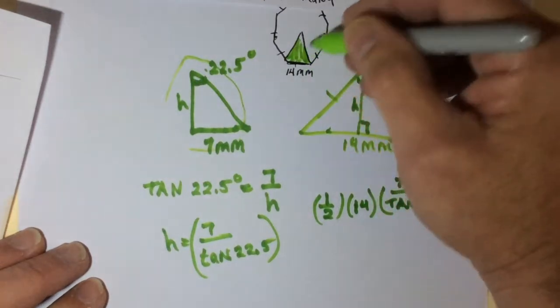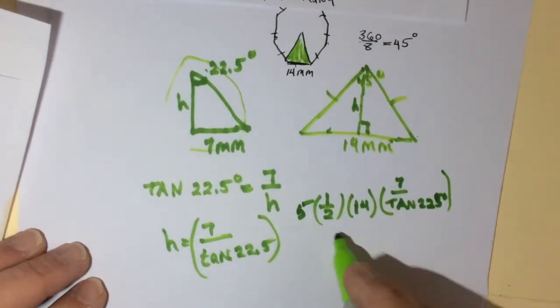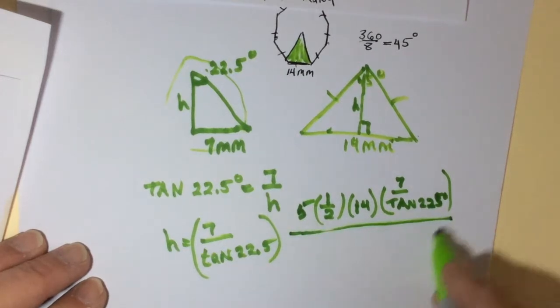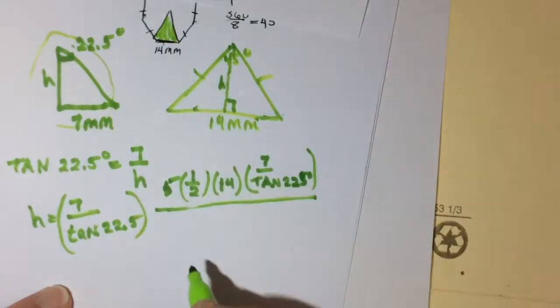And I have 5 of these triangles, so I'm going to multiply that by 5. When I do all of this arithmetic, that is going to give me the area of the octagon.